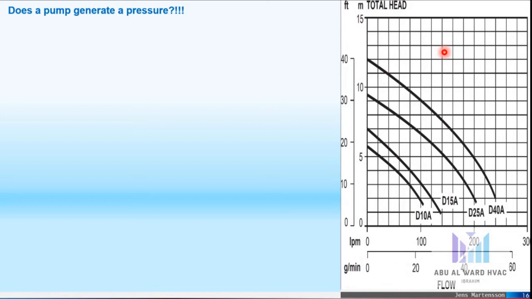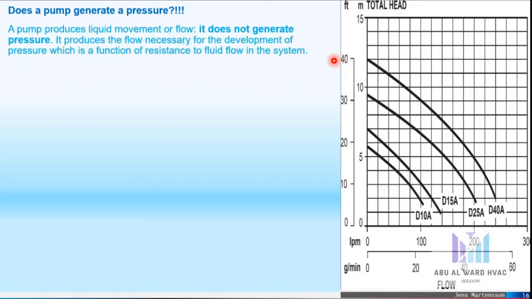Does a pump generate pressure? A pump produces liquid movement or flow. It does not generate pressure. It produces the flow necessary for the development of pressure, which is a function of resistance to fluid flow in the system.